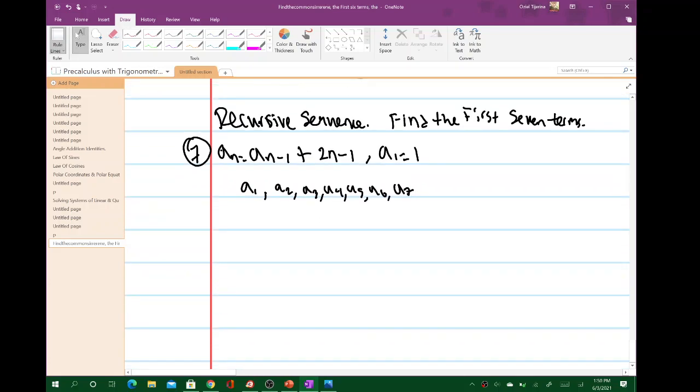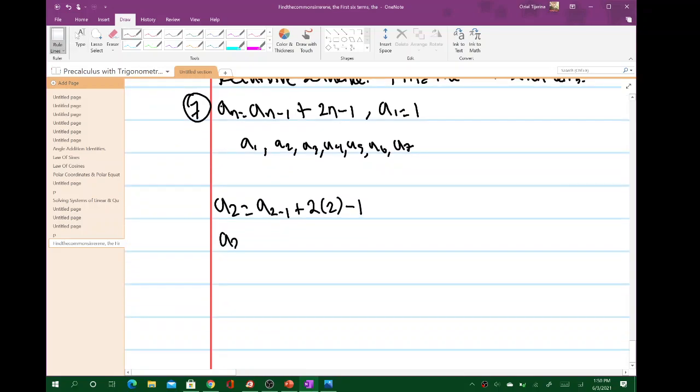So here, to do that, we know that a sub 1 equals 1, right? Now with that, we can say that a sub 2 is just equal to a sub 2 minus 1 plus 2 times 2 minus 1.